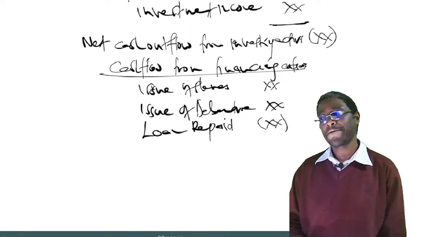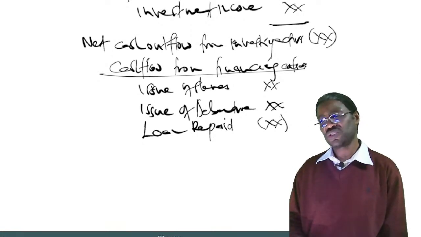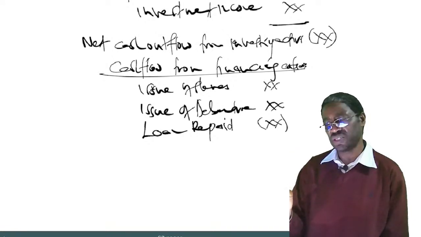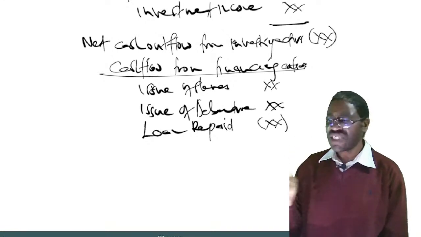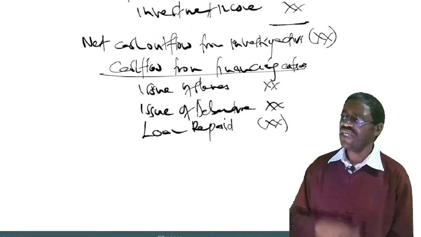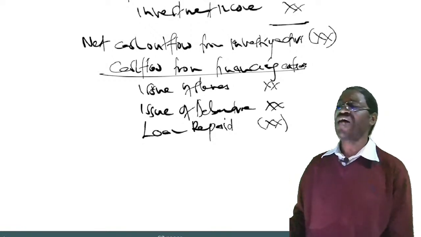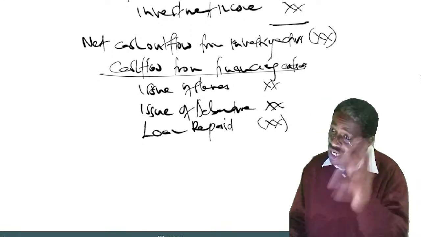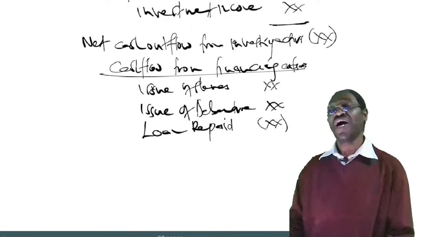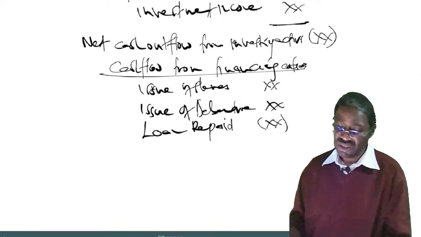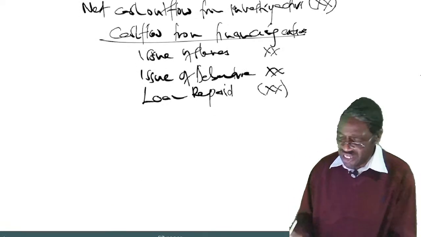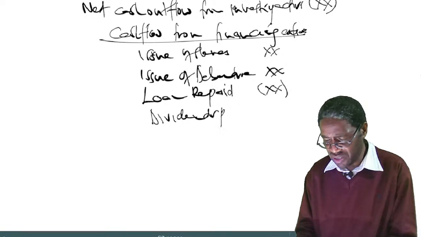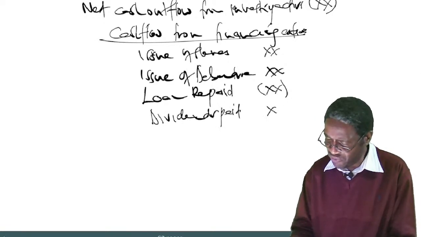Listen. Then I told you, any return you are paying to the financiers is normally considered as a financing activity. So one group of financiers are the ordinary shareholders. So if you paid them dividends, we normally say your dividends paid is part of financing.